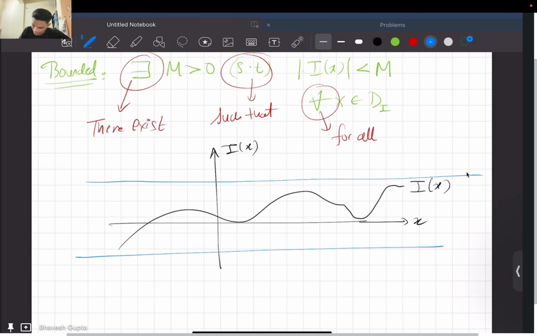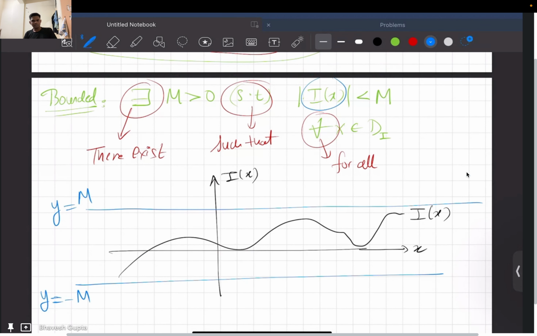Yes, sir. It cannot go either up or down. Yeah, it is bounded between these two horizontal lines. I can always find these two, y equal to M and y equal to minus M. What I'll do is get the maximum value the function can take, irrespective of sign, like the maximum vertical distance from 0.